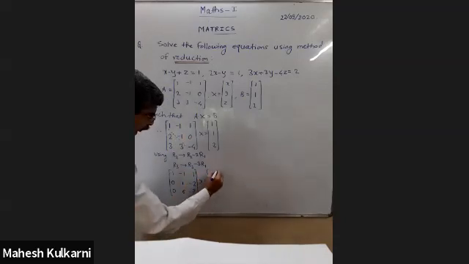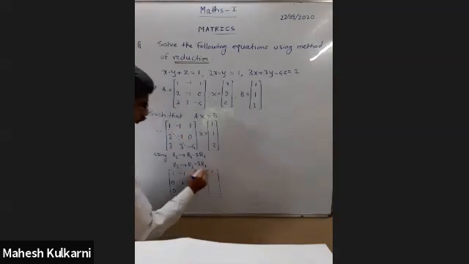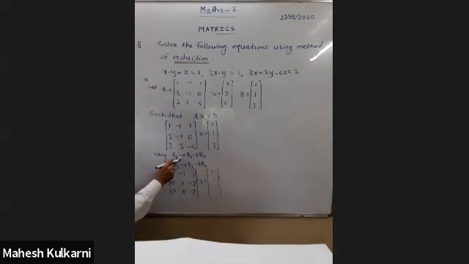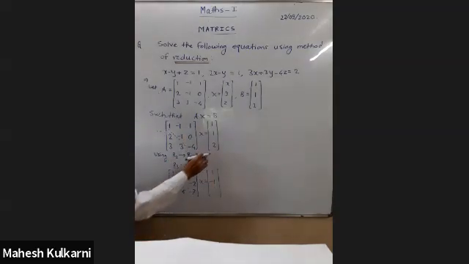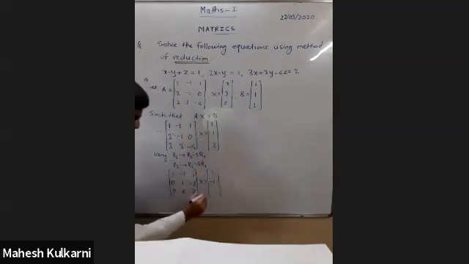Now apply row transformation on the right hand side. First row no change. Second row में क्या है? R2 minus 2 R1 is 1 minus 2, so that will be minus 1, and 2 minus 3 again minus 1. अब देखो first column में वो 0 0 हो गया. Now bring 0 in place of 6.